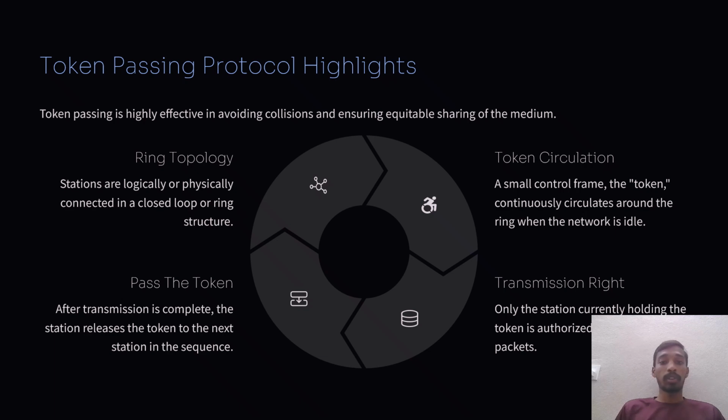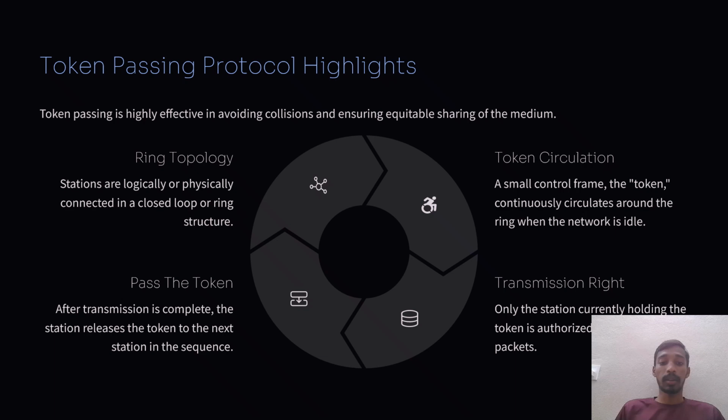Token passing protocol highlights. Token passing is highly effective in avoiding collisions and ensuring equitable sharing of the medium. It is used in ring topology: the token circulates, passing the transmission right. Stations are logically or physically connected in a closed loop or ring structure.